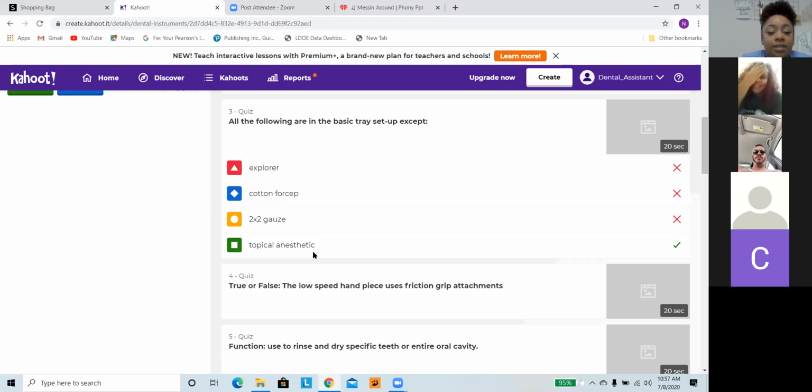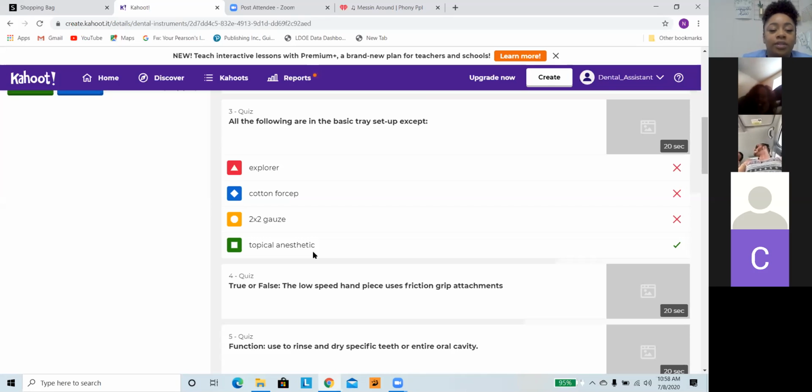Right, so your topical anesthesia, what exactly is that? It's to numb it. There are different types, right? You take the cotton tip on and you dry your gingival margin, and then you put the topical anesthetic on there and you leave it on for like a minute? Yes, Tony. Oh my goodness, so good.